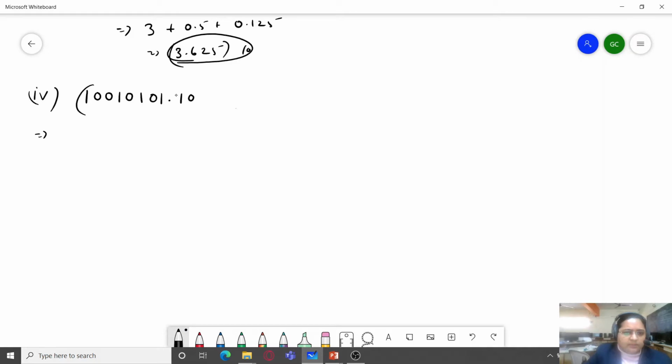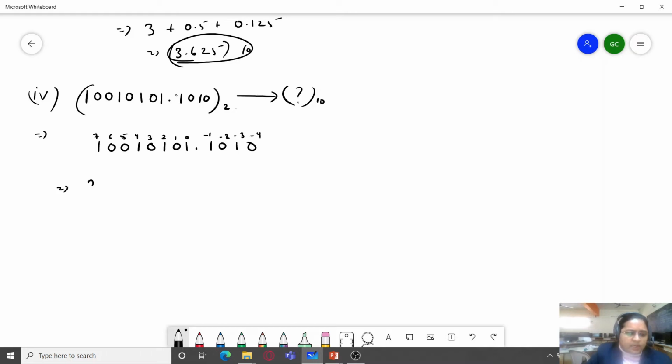Let me add 1010 here. So we will first of all write all the digits, assign weights, and now we'll start multiplying. Because these are zeros, we can simply write them as zeros.